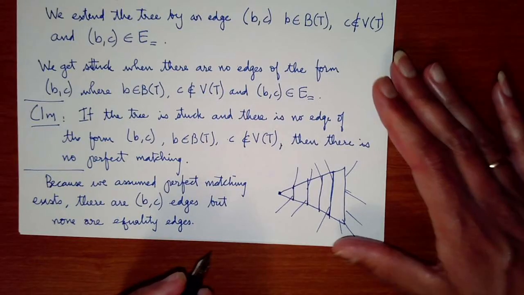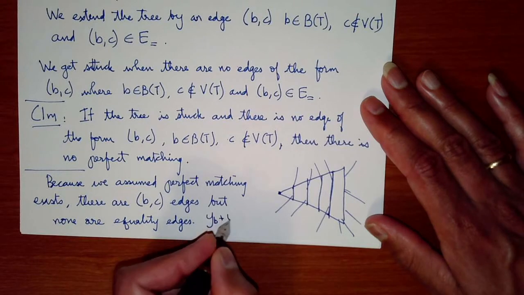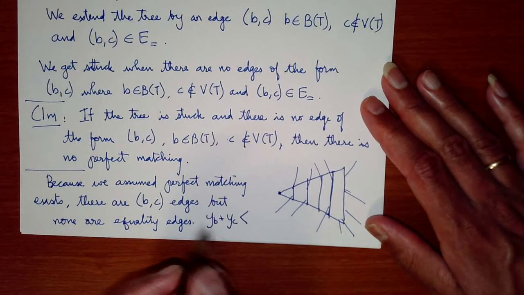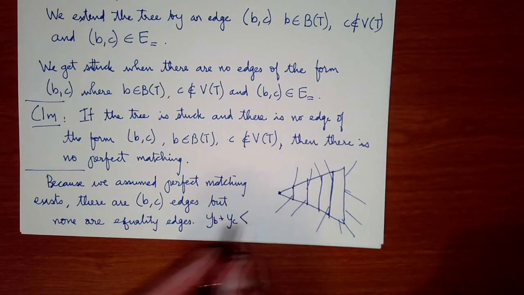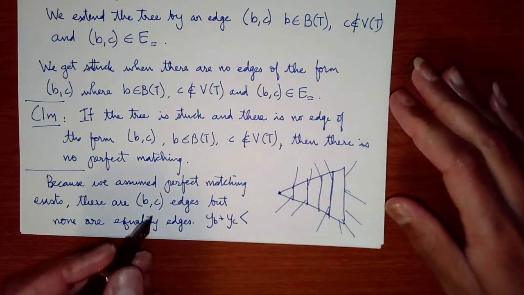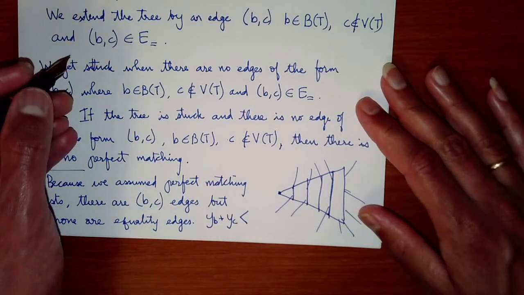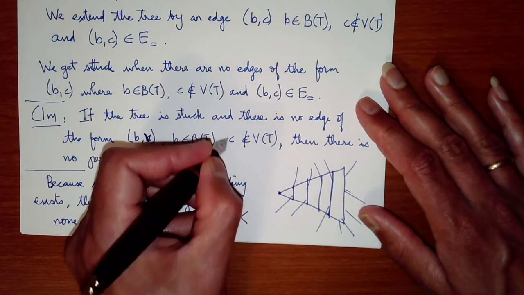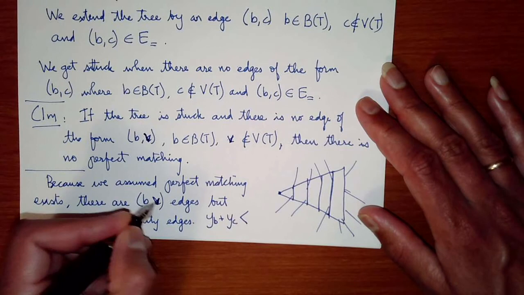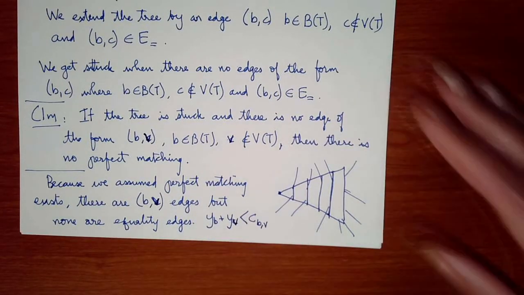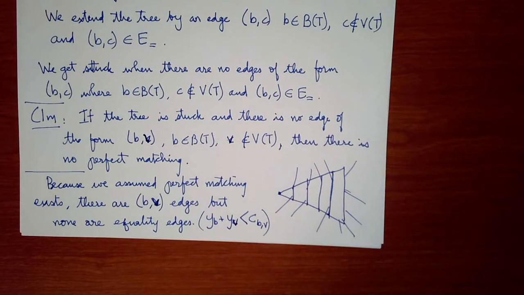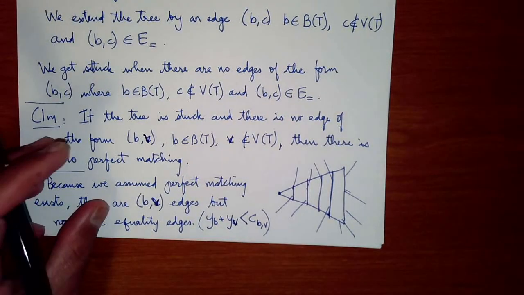So what we know is that YB plus YC is strictly less. Maybe C is bad notation, because C refers to the cost. But let me instead, my apologies, I'm just going to call this little v, so that I don't abuse my notation. So we know that this is strictly smaller than C of bv. Okay, so I'm going to draw a picture here to show you what the situation is.